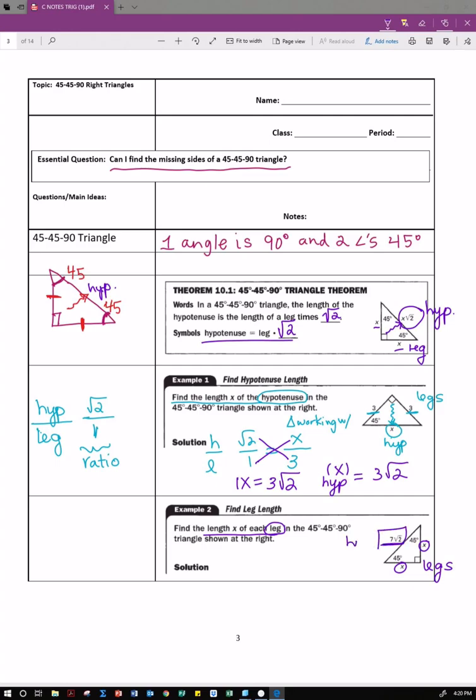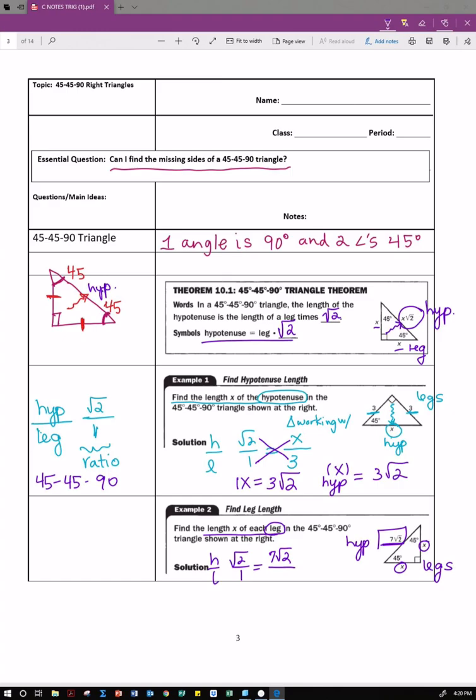We have the hypotenuse. Okay, so hypotenuse to leg, square root of 2 over 1. That's always going to be the case. That ratio always works for a 45, 45, 90 triangle. Once you use that ratio, you set up your proportion, and remember, if the hypotenuse is on top, the hypotenuse always stays on top.